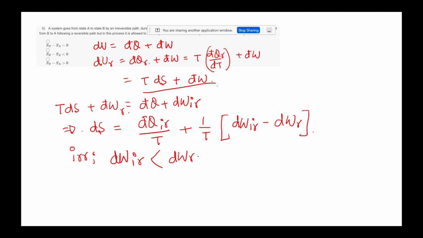So from here we can actually write delta S, SB minus SA, is greater than or equal to the integral from A to B of dQ irreversible by T.